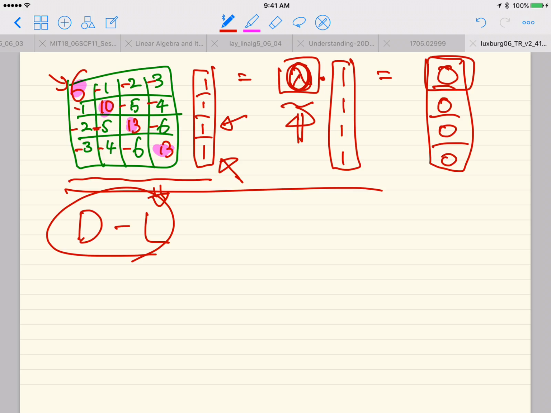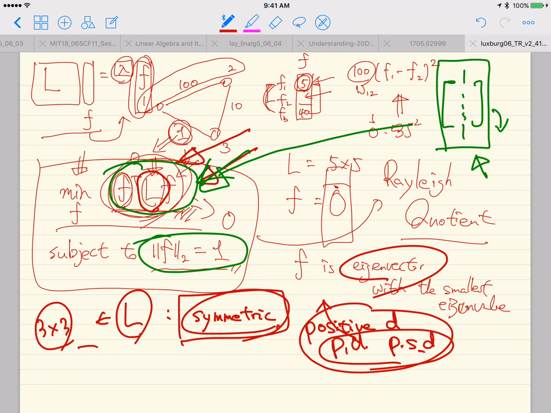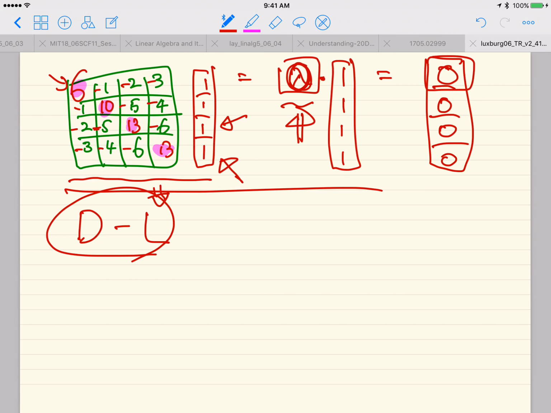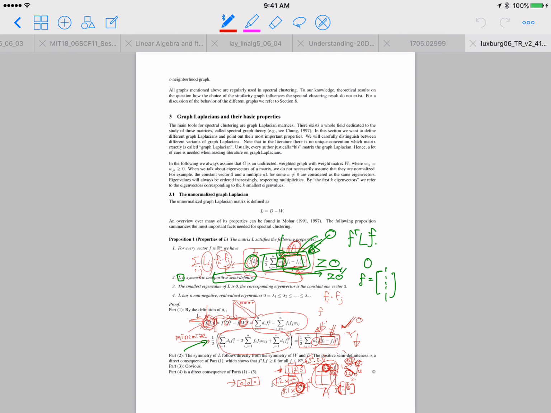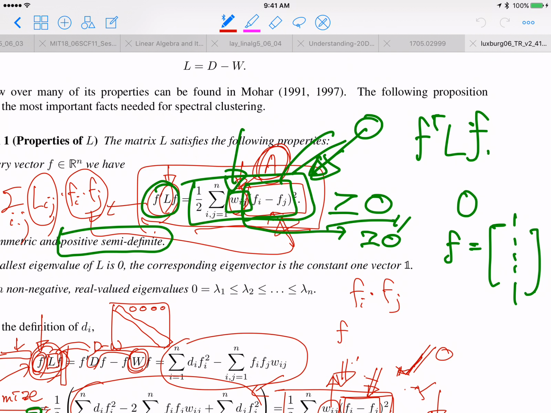Looking at it from this perspective also verifies our intuitive understanding that this should be the optimal solution, and the resulting eigenvalue will become 0. That solution can also be understood by setting all these values equal to each other, right?